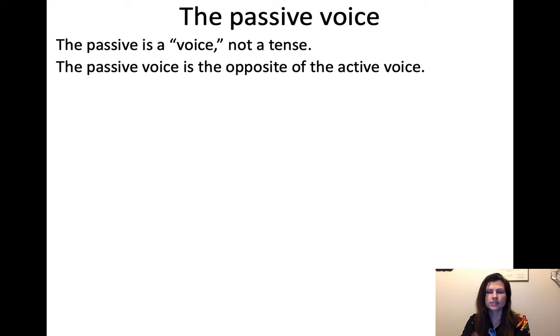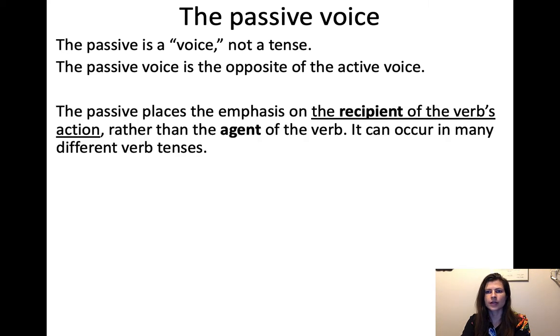So the passive voice is the opposite of the active voice. The passive places the emphasis on the recipient of the verb's action rather than on the agent of the verb. So the active voice is the standard, a normal sentence you would recognize as the active voice. In the active voice, the subject does the action of the verb, and the direct object receives the action of the verb.